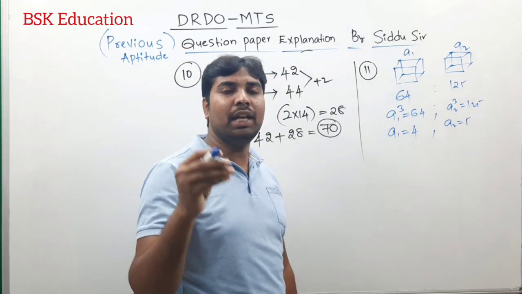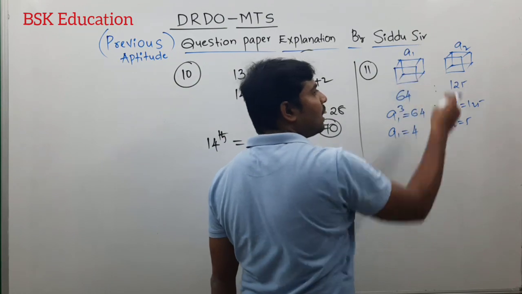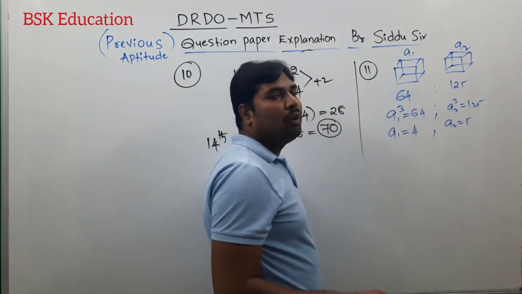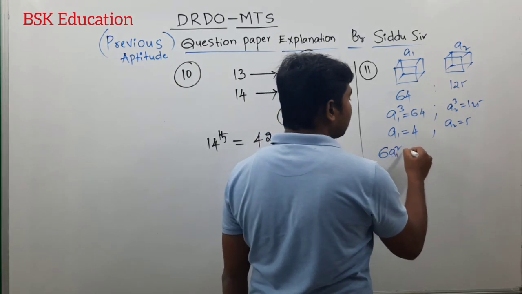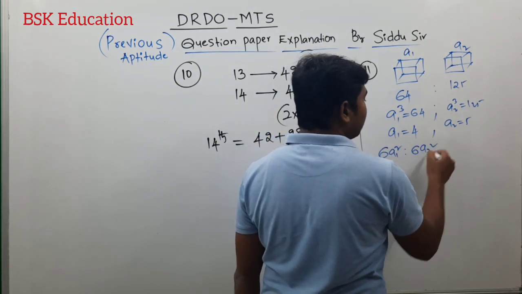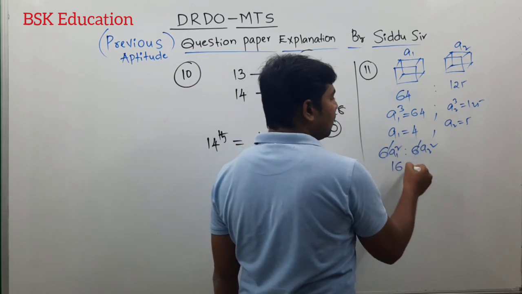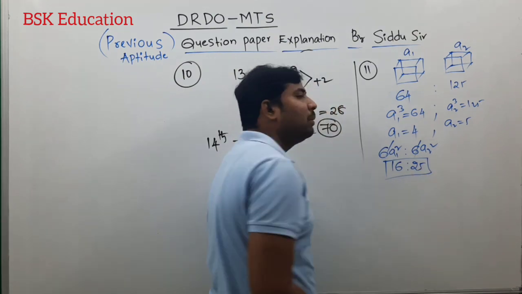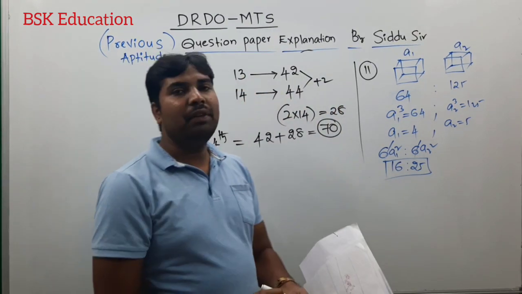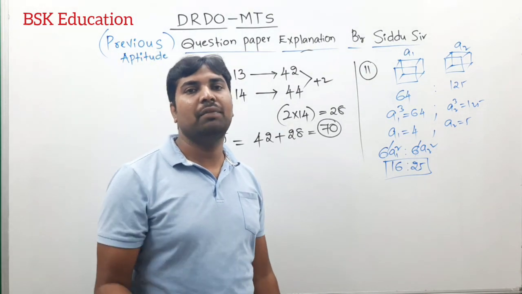What is the ratio between the total surface areas? In a cube, we have 6 faces. Then 6a1 square is to 6a2 square. 6 and 6 cancel. a1 square is nothing but 16, a2 square is nothing but 25. Simple. So the ratio between the total surface areas of the two cubes is 16 is to 25.